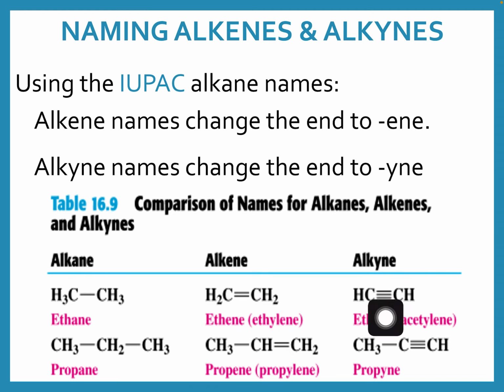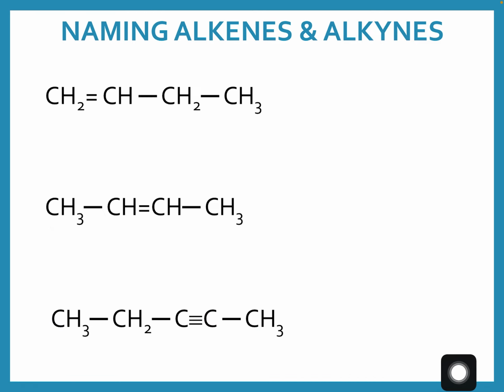Here, as we add even another bond, we have one less bond on each carbon that can be made with a hydrogen. And then examples here for prop, or 3 carbons: propane, all single bonds; propene, we have a double bond in here; and propyne, we have a triple bond.